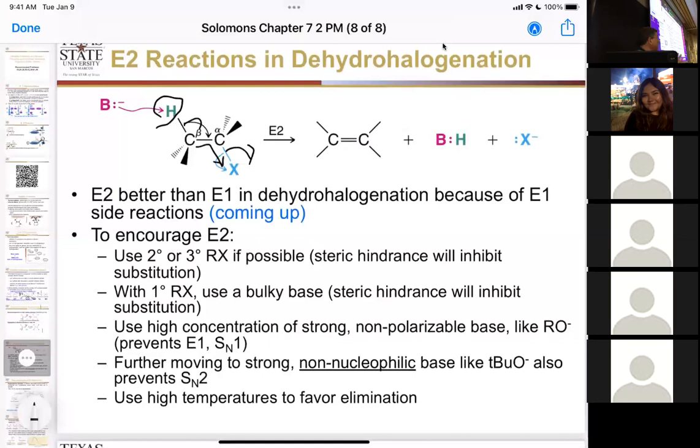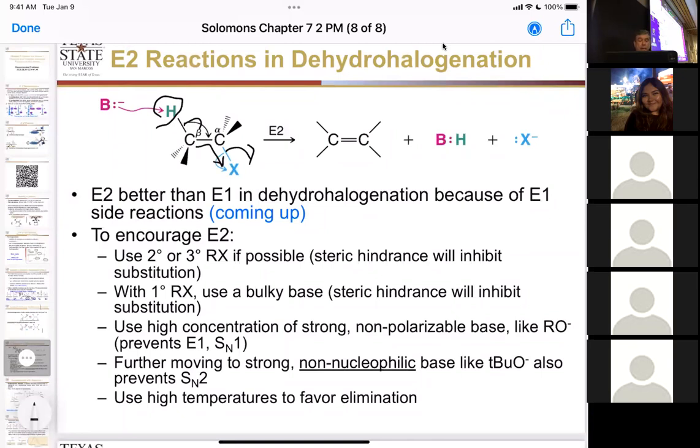E2 is always better than E1 because of side products. E1 will always have a little bit of SN1 in there as well. So we always prefer the E2. And notice on the table we just looked at, most of the reactions were E2 reactions, unless we were using water or methanol or acetic acid, which are poor nucleophiles.